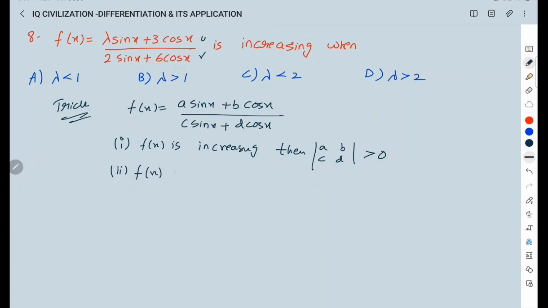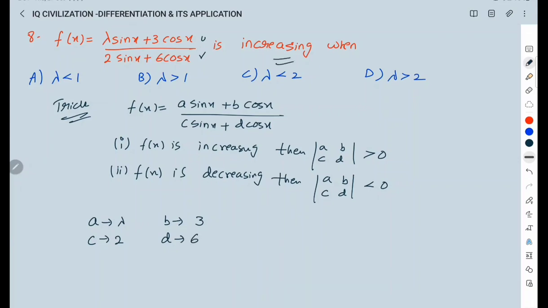Next one. This is the trick. If f of x is decreasing is our question, then mod ABCD should be less than 0. So according to our question, in the place of a it is lambda, in the place of b it is 3, in the place of c it is 2, in the place of d it is 6.